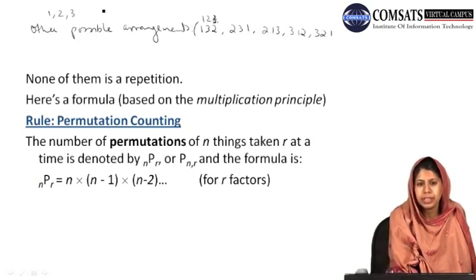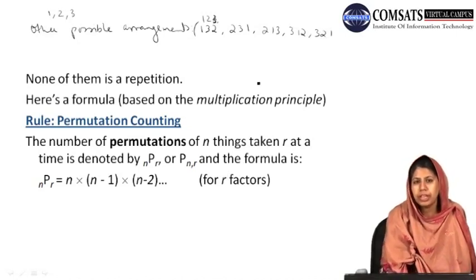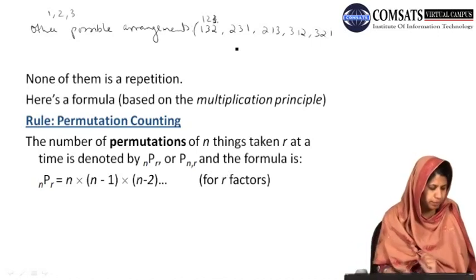So given a set of three items 1, 2 and 3, we have arranged these items and each of them is a permutation because we have arranged these items in some particular order.